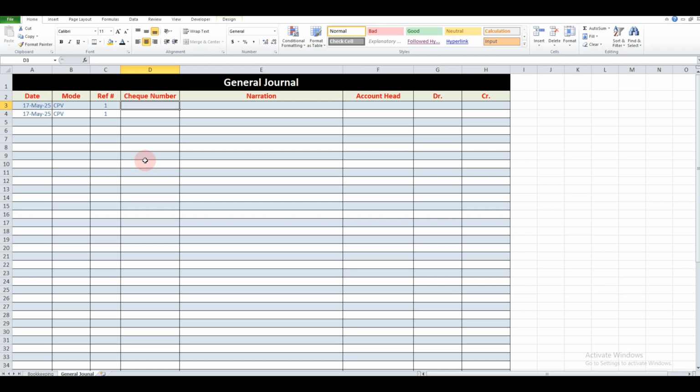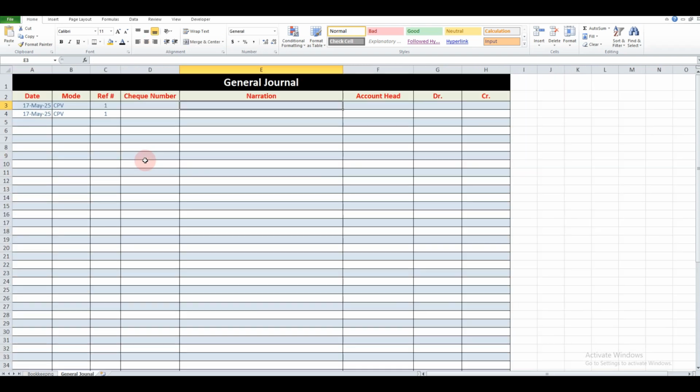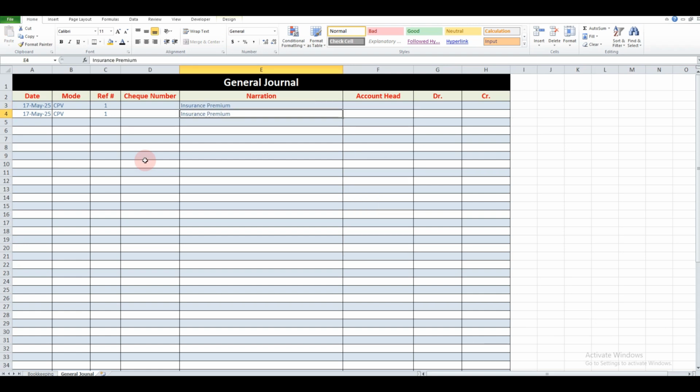It's a cash payment, so this field is not required to add in any transaction. Now here we will copy and paste values, Control D to copy as it is.